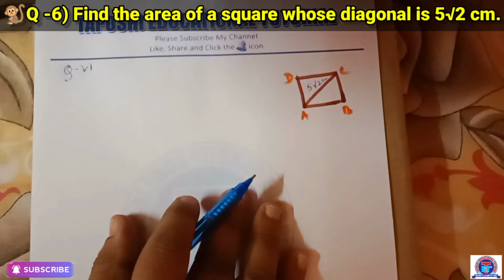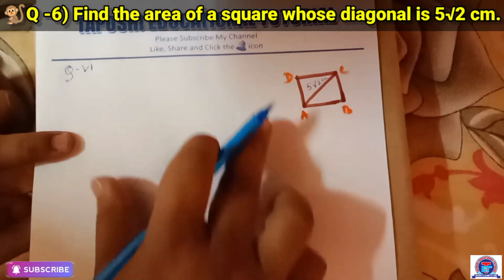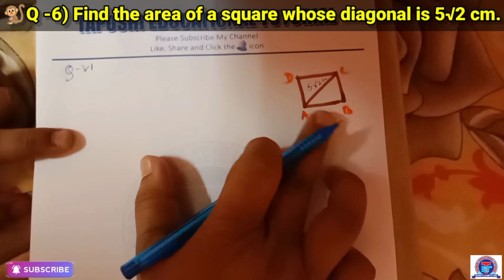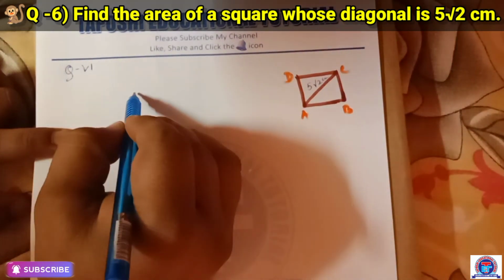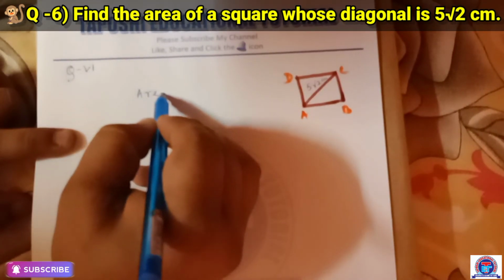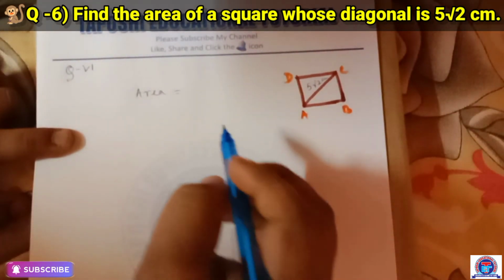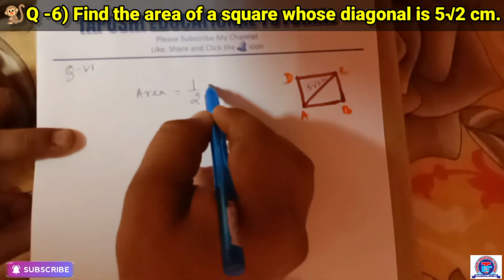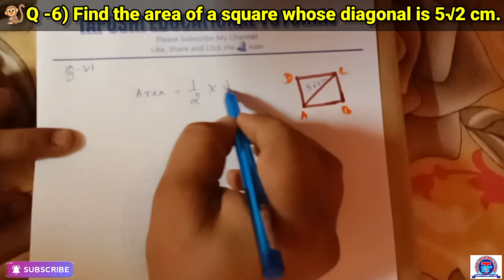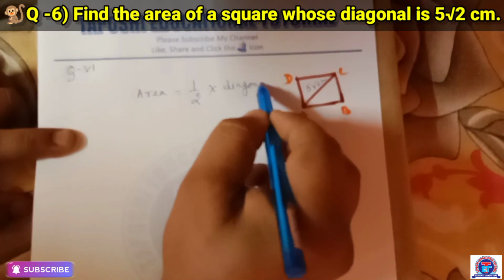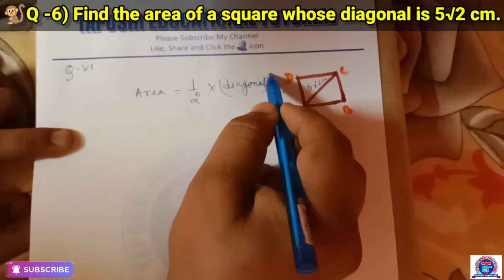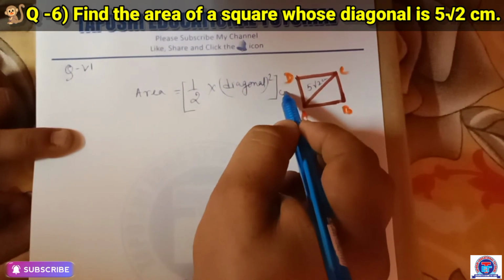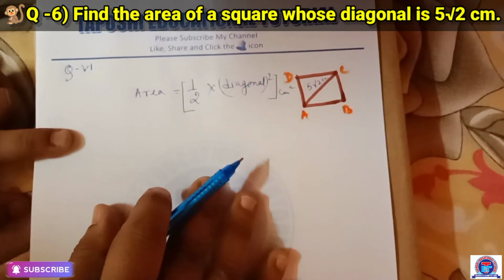So as you know student, the area of the square, we know that area is equal to half into diagonal square, right, and centimeter square, right.